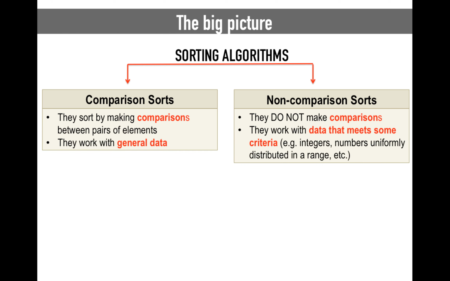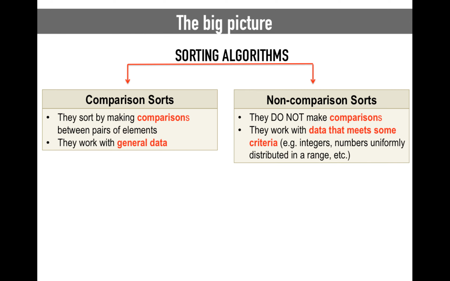The second thing that distinguishes comparison and non-comparison sorts is the data they work with. Comparison sorts work with general data. You don't need any special condition on the numbers you want to sort. Instead, non-comparison sorts need the data to have some particular characteristics, and that depends on the algorithm.